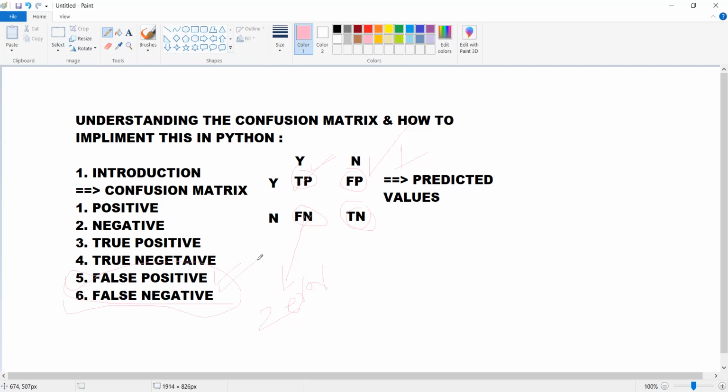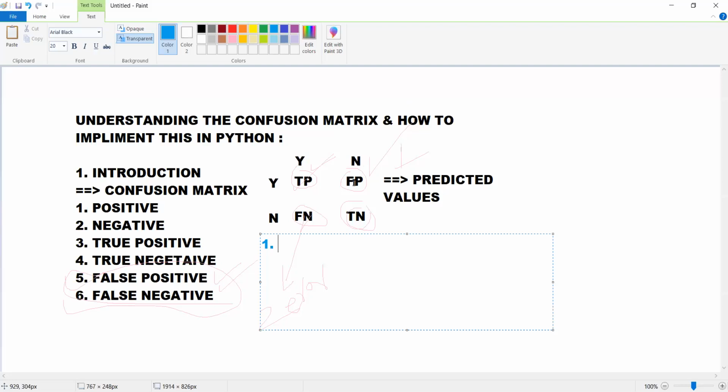So next are the confusion matrices. Now that you understand the general structure of a confusion matrix with some associated key terms, we can dive into some of the main metrics that you can calculate from a confusion matrix.